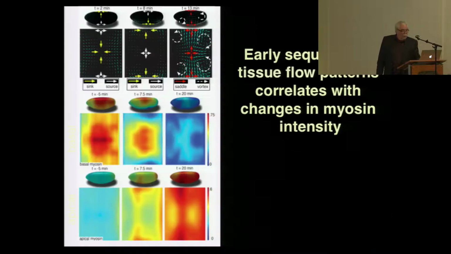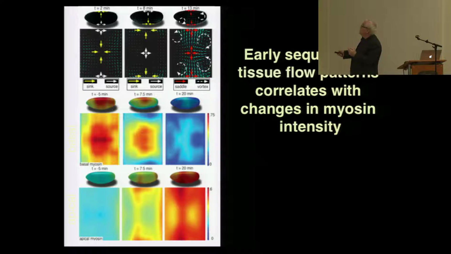What we can do now is compare these flow patterns with the distributions of myosin. In the early sequences, you can see that when cells are rushing towards the dorsal side, there's a high concentration of myosin dorsally on the basal side of the cells. Then this shift in the pattern is associated with high accumulations of myosin on the ventral side, which is the outside here, and then a more complicated pattern here.